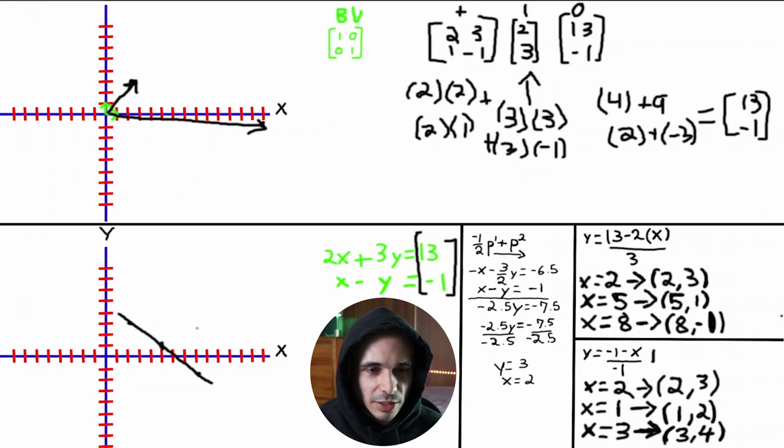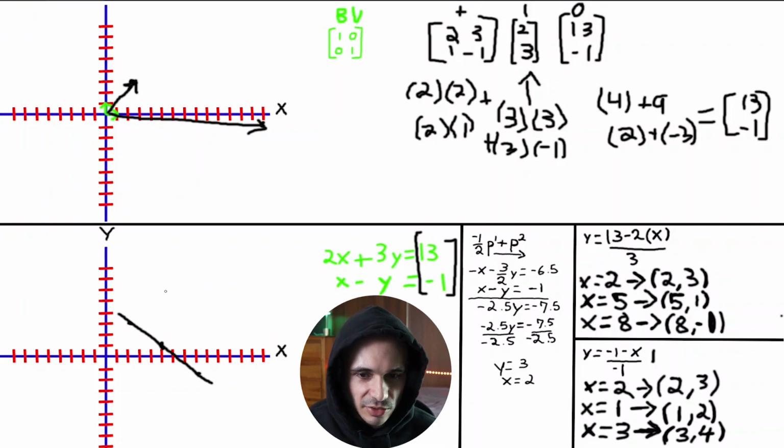Then when we want to see where the specific intersection is, we do the next one. So we have 2 and 3. Yep, that's the intersection point. And then for 1, it's 1 and 2. And then for 3, it's 3 and 4. There we go, and then we just plot that.